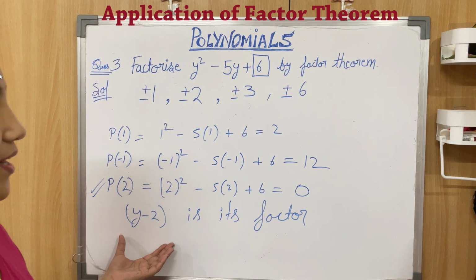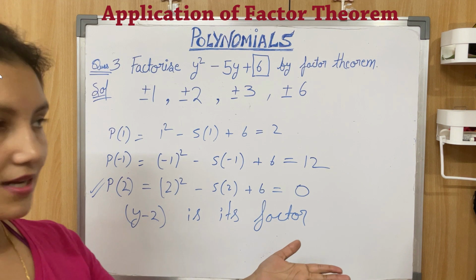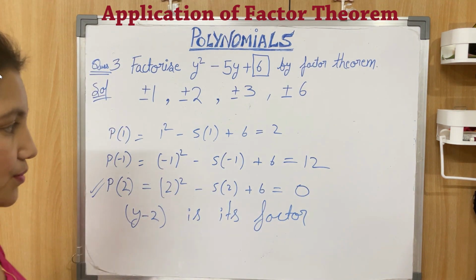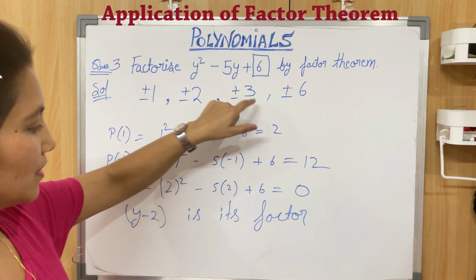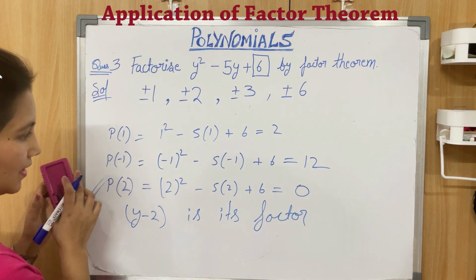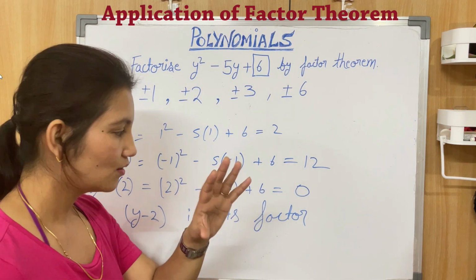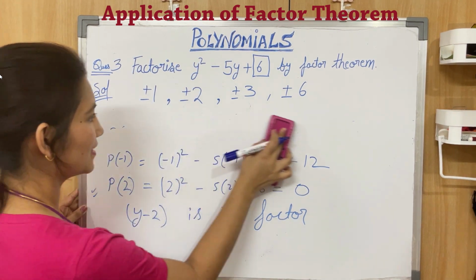So we need to find the other factor as well. y minus 2 is one factor. Now again you just repeat this method, hit and trial. We'll find the other factor by trying p of 3.